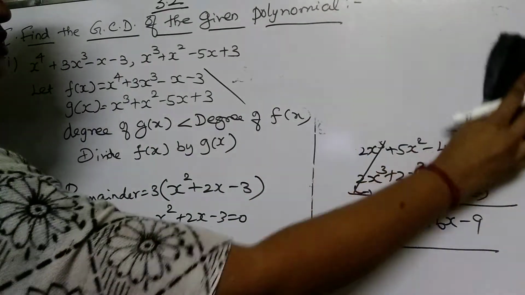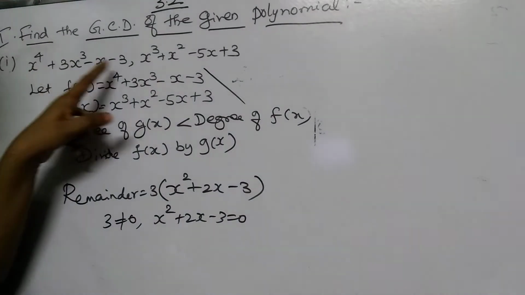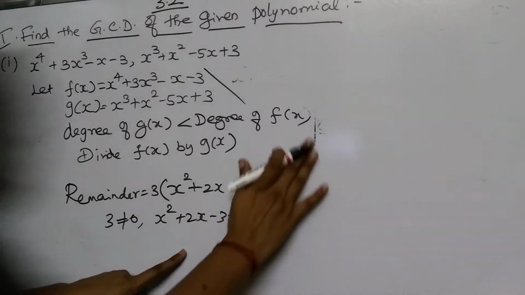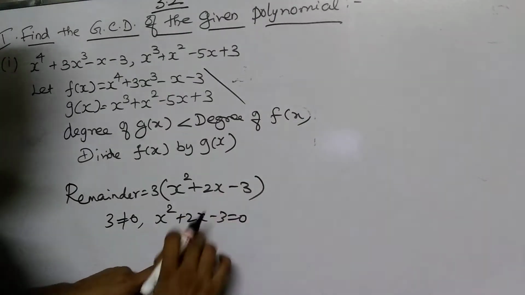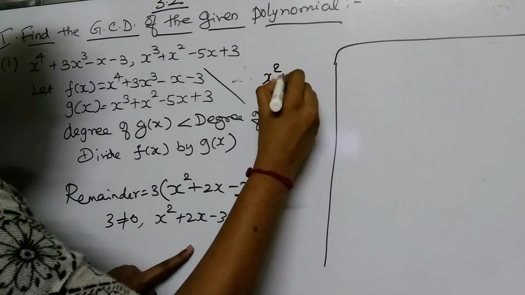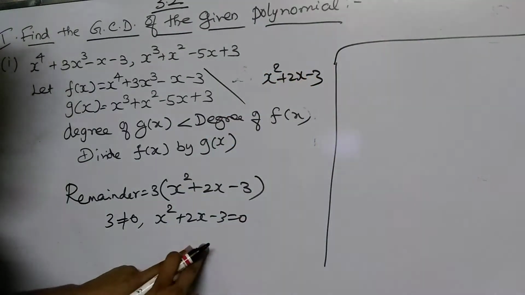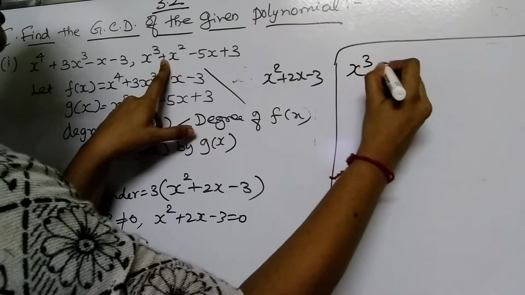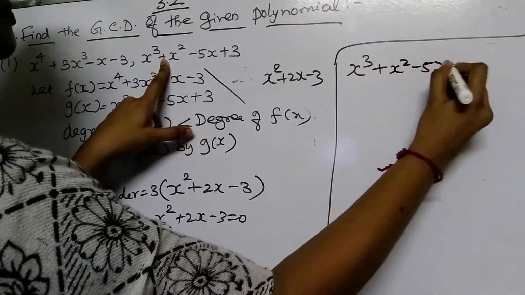So you divided the first polynomial and the second polynomial, and you got the remainder. If the remainder is not 0, you have to keep on dividing again. Then that remainder becomes your divisor, that means x square plus 2x minus 3 will be your divisor, and the second g of x will be your dividend, x cube plus x square minus 5x plus 3.